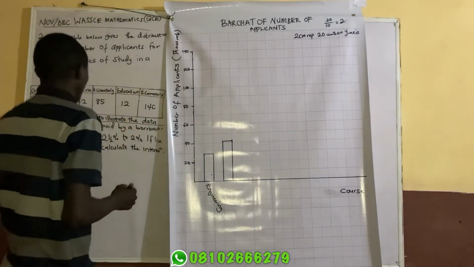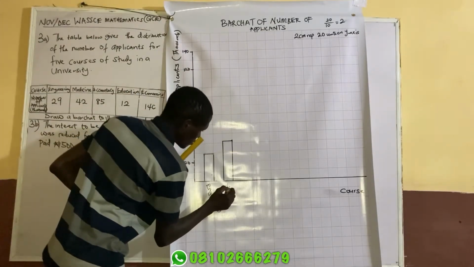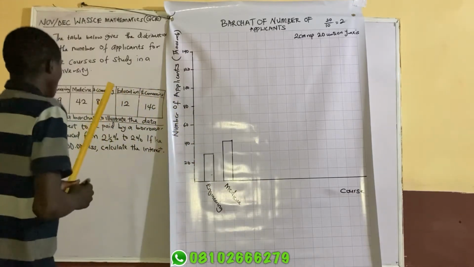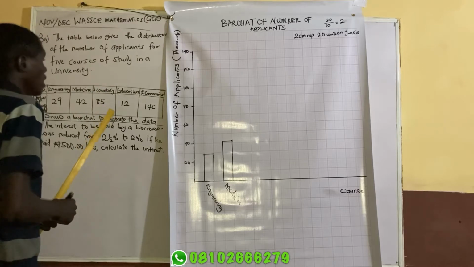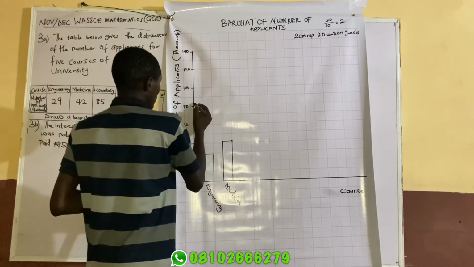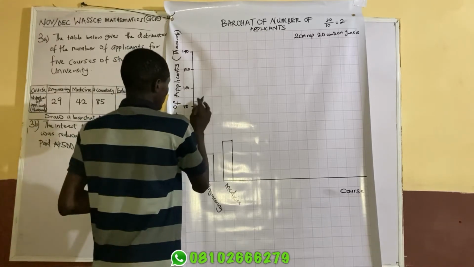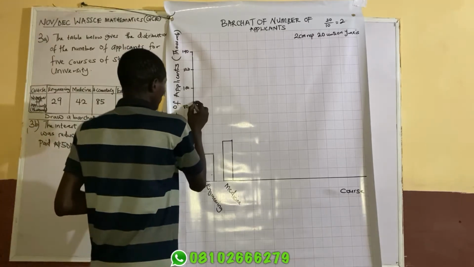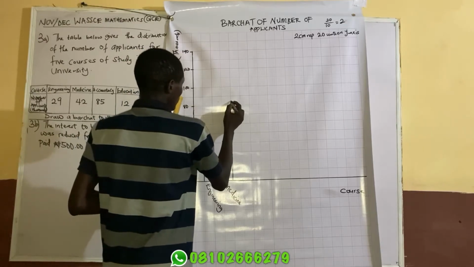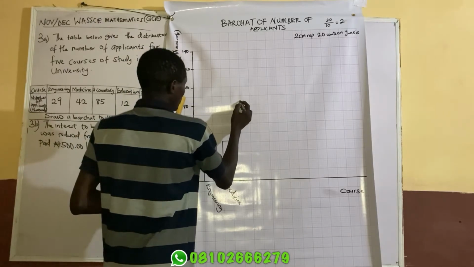Now, 85 for accountancy. This is 82, 84, and 85 will be in the middle of 84 and 86. So our 85 lies here.